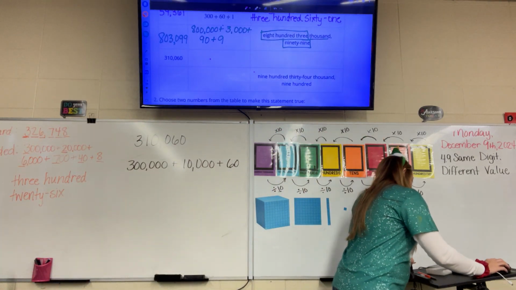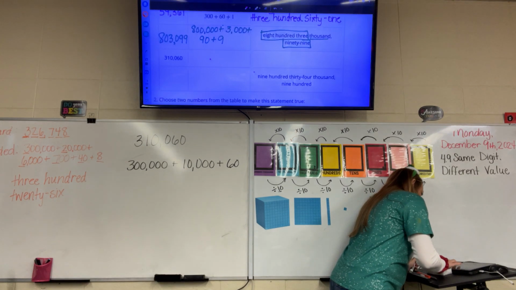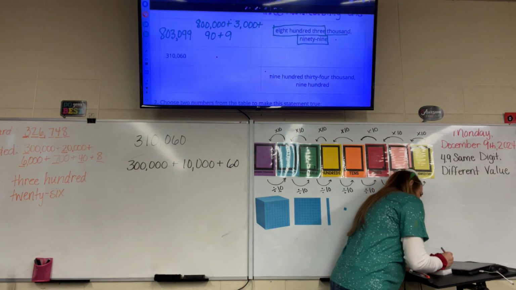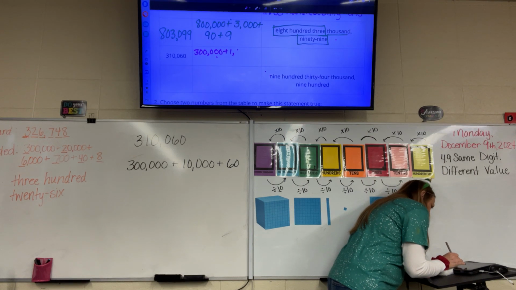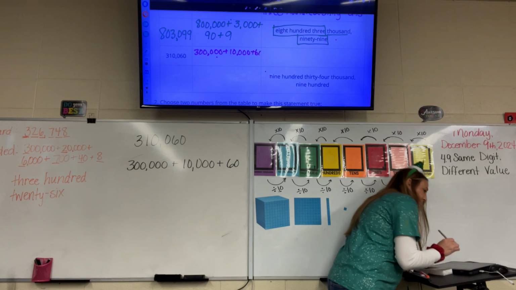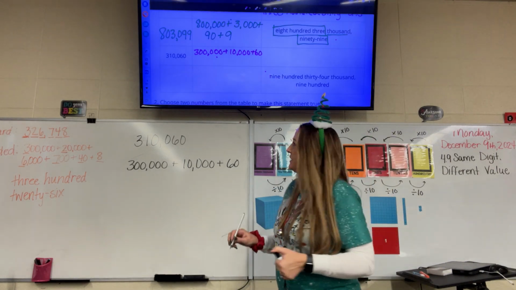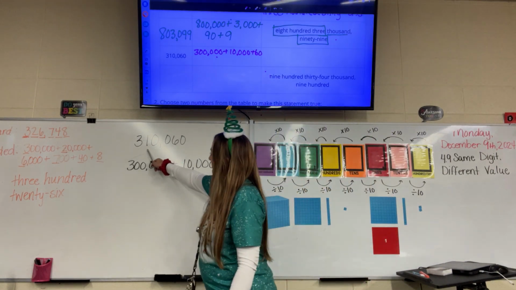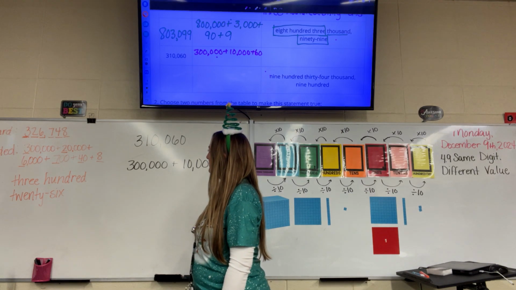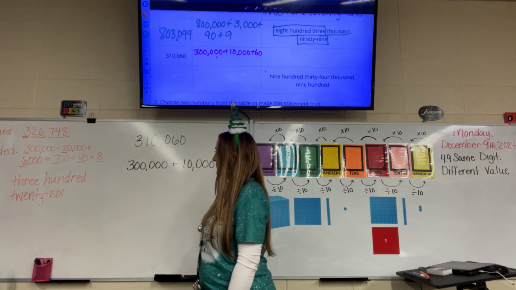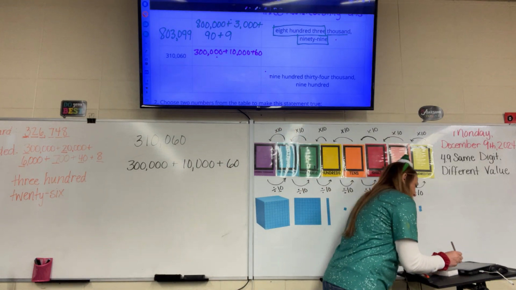And then who wants to try reading that number to us? 300,000 plus 10,000 plus 60. And Colton. 310,060. Good work, Colton. That's exactly right.